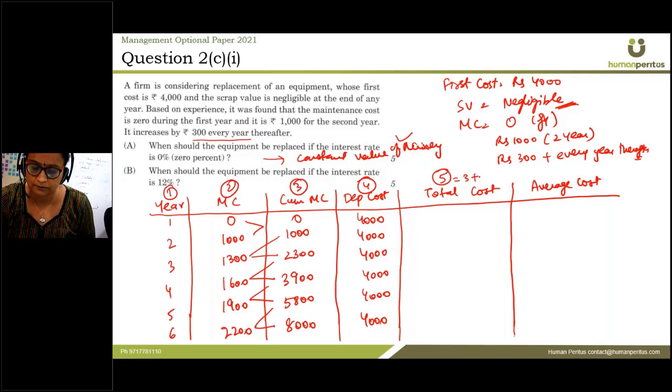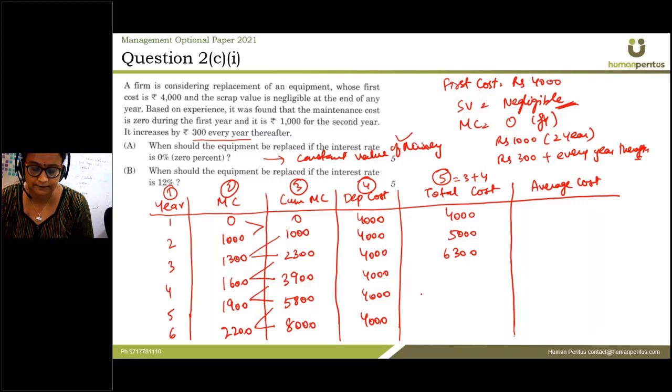So total cost is nothing but the cumulative maintenance cost plus depreciation cost for each year. So 4000 plus 0, 4000. 4000 plus 1000, 5000. 4000 plus 2300, that is giving me the value of 6300.